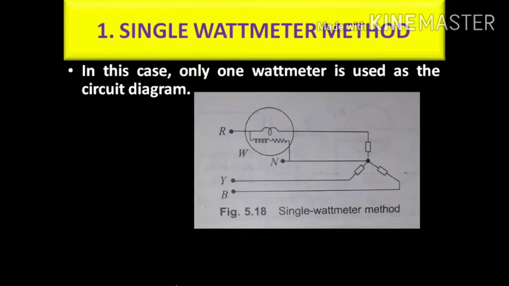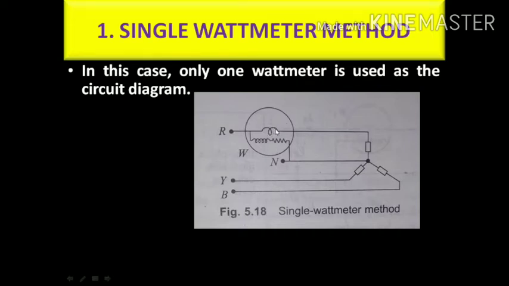So look at the circuit. In this circuit, you can see one wattmeter is connected in phase R, and by means of it we are measuring the power. This wattmeter has two coils.